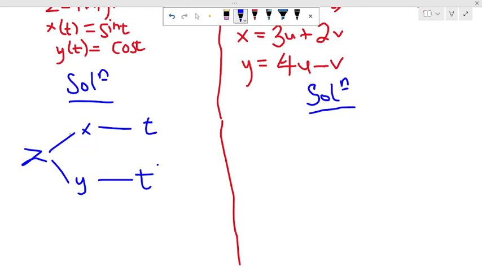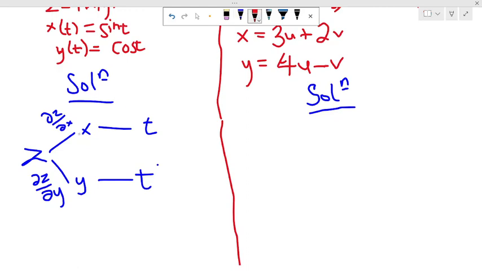So in this part, from z to x, that becomes a partial differential. Why? Because our z is a function of x and y. So therefore, differentiating z with respect to x becomes a partial derivative. Now considering the down one, differentiating z with respect to y also becomes a partial derivative because our z depends on x and y.